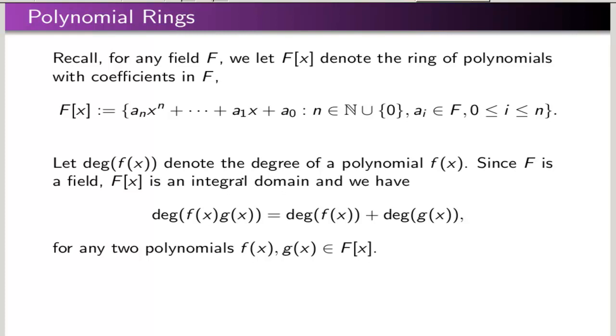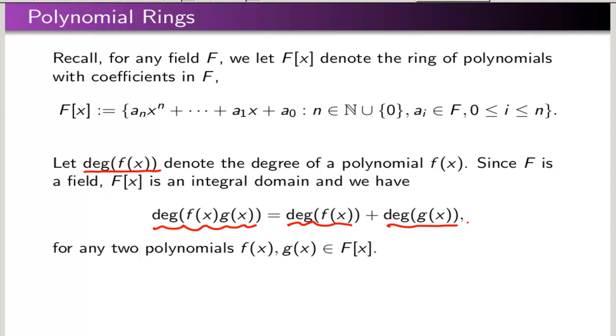I'll let deg of f of x denote the degree of a polynomial f of x. So since F is a field, we have this property that the degree of a product of two polynomials is the sum of the degrees of the individual polynomials. Okay, and this is an elementary fact. Where does it follow from?